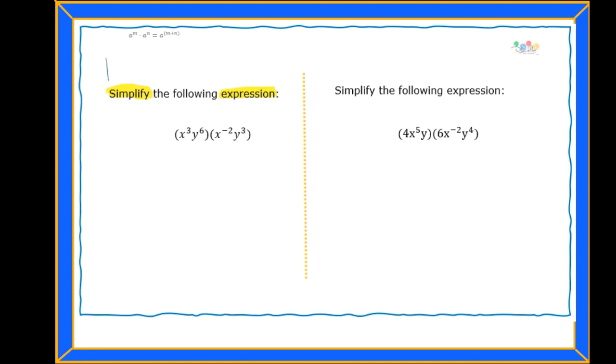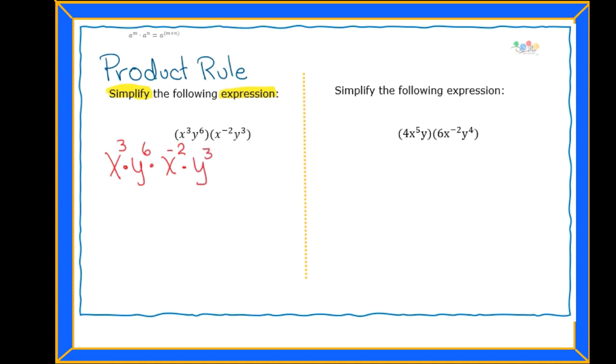Why am I still going to do the product rule? Because I do see parentheses, and parentheses means multiplication. So I can rewrite my problem as x to the third power times y to the sixth power times x to the negative second power times y to the third power.